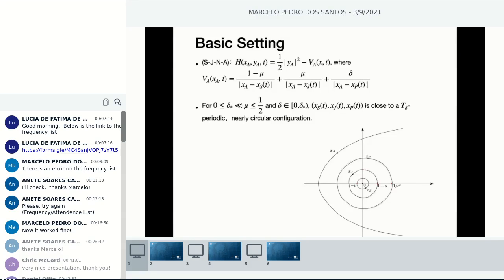And we should constrain delta to be sufficiently smaller than mu, and we also let mu be less than or equal to a half.